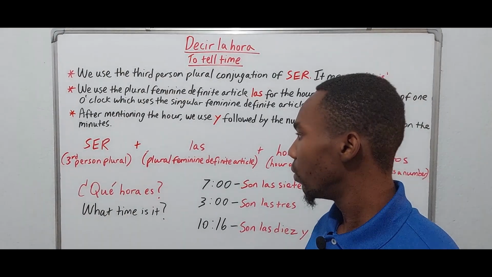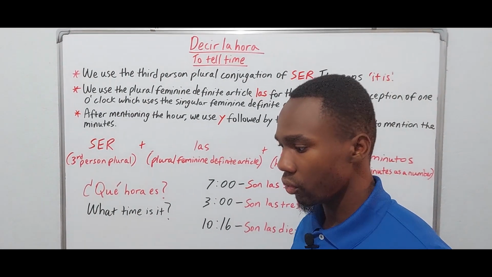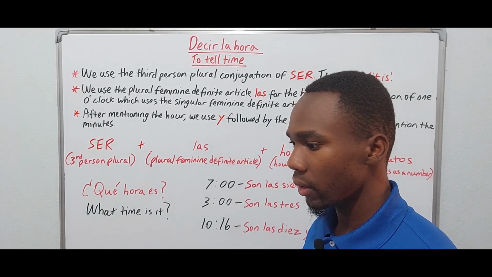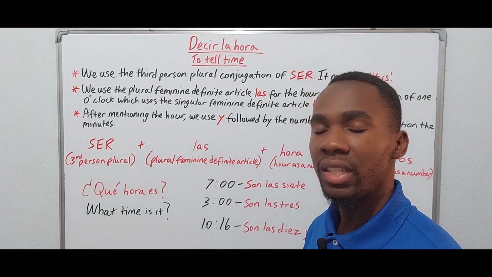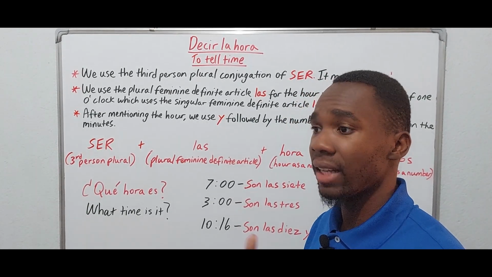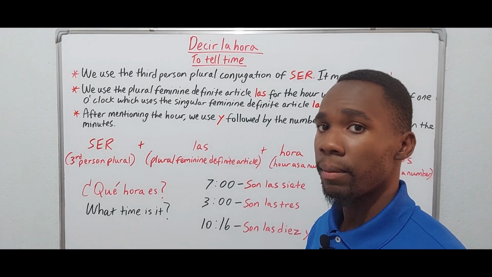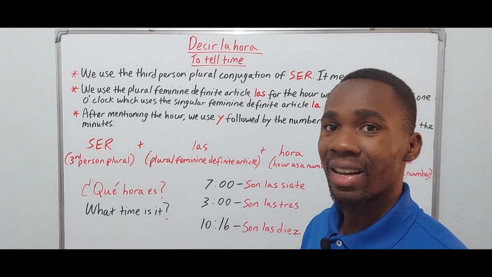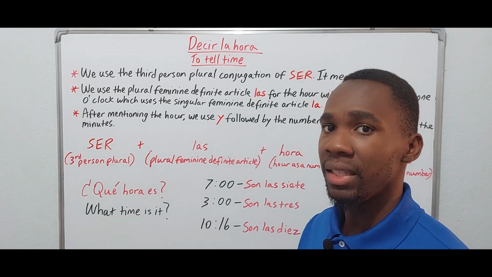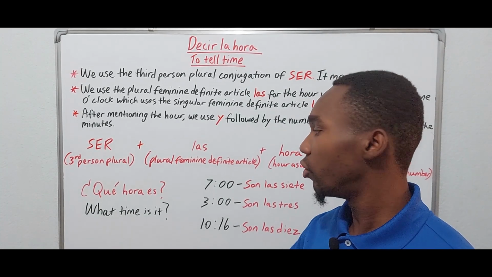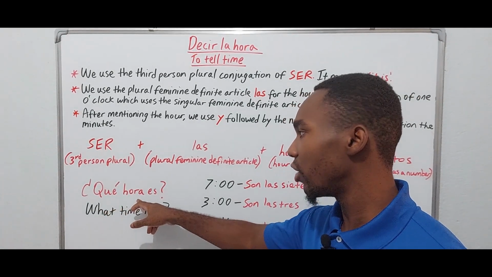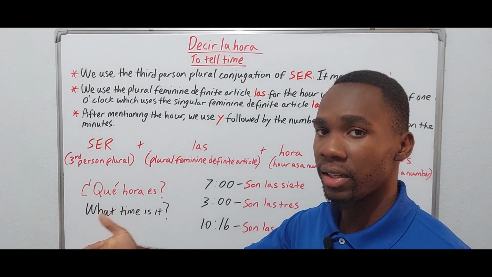Now, let's say we want to mention the time that an event starts, or an activity. How would we do that? So we would use the preposition a, because a means at. All right, so you see how this question asks ¿Qué hora es? What time is it?